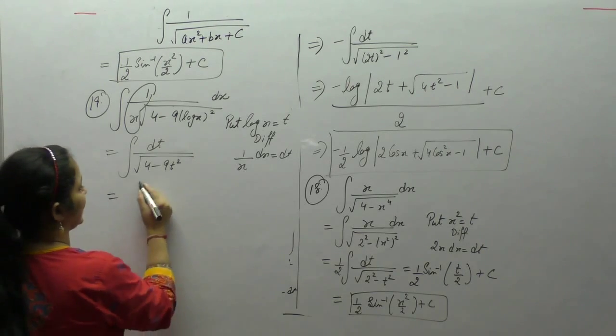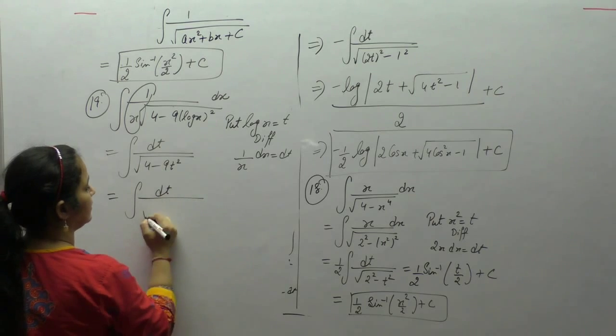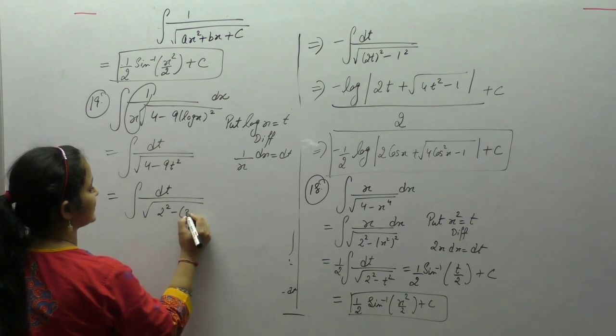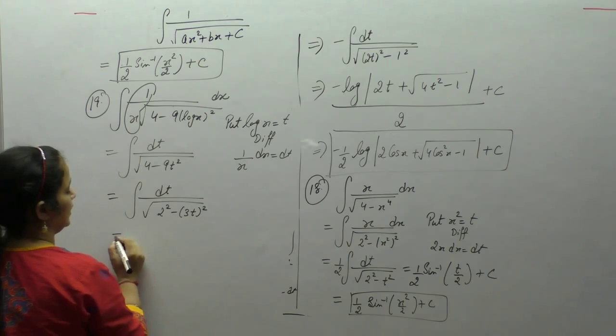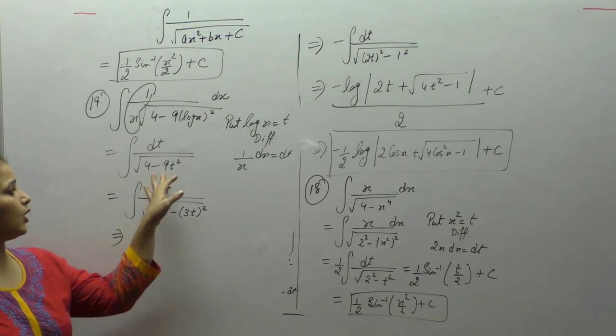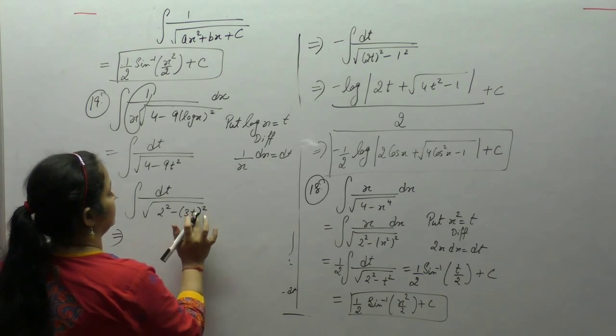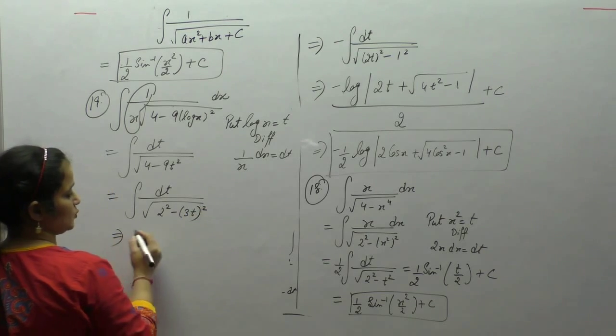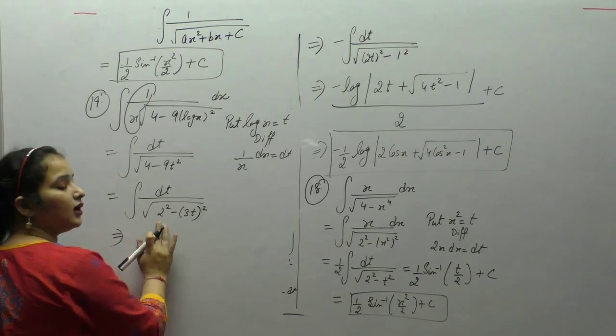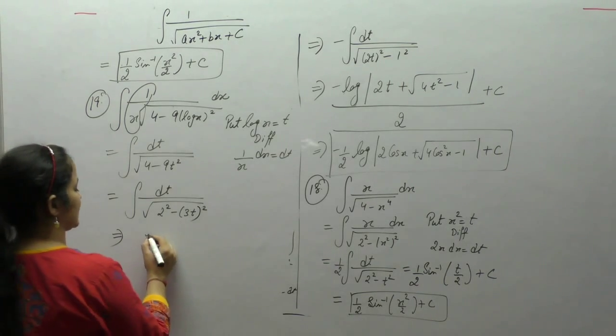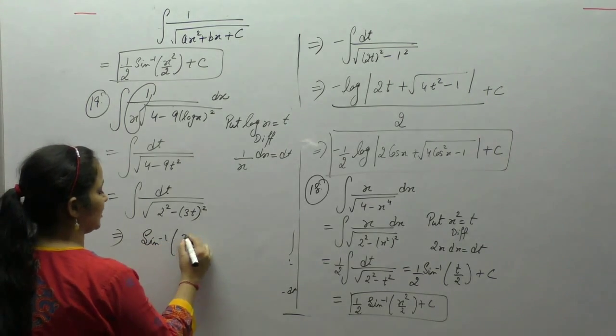We can write 4 as 2 square minus (3t) whole square. We can take 9 common also, or put this as (3t) whole square. Now integral of 1 upon square root of a square minus x square is sin inverse x upon a.